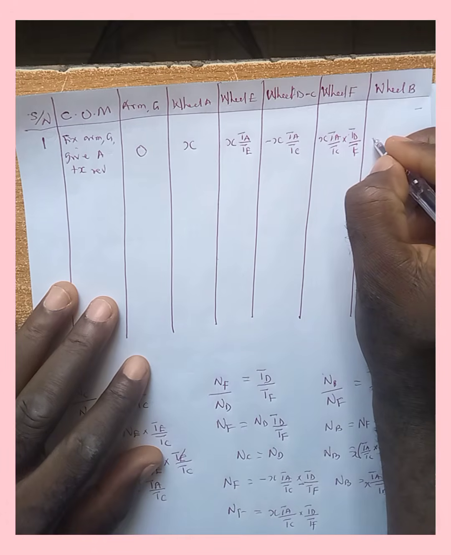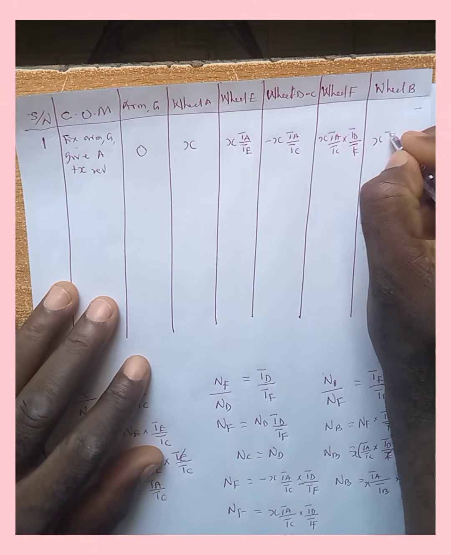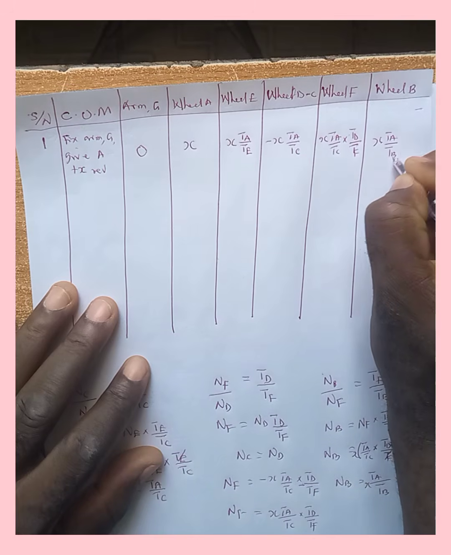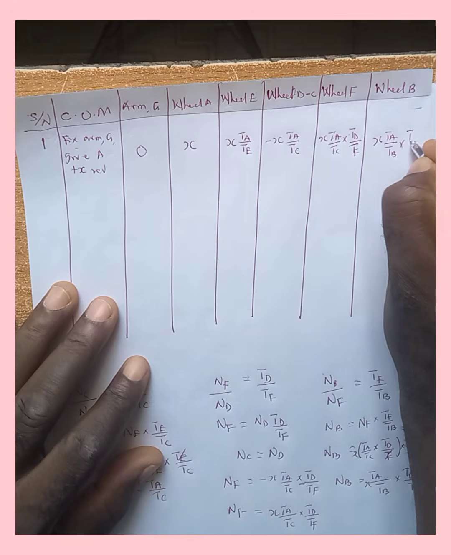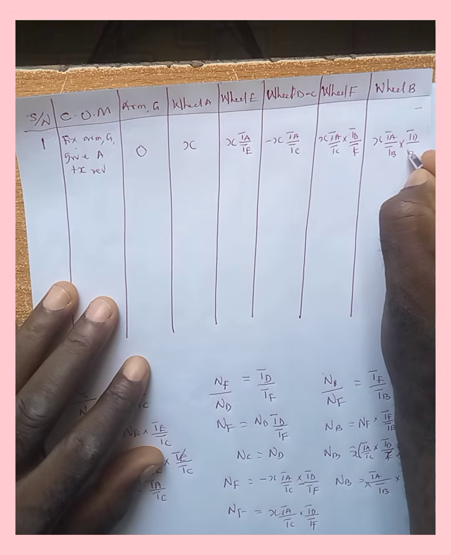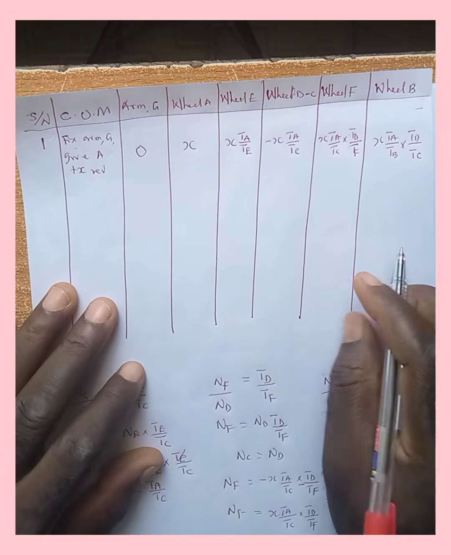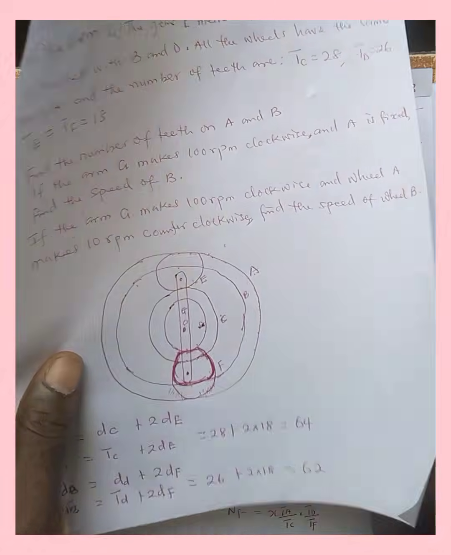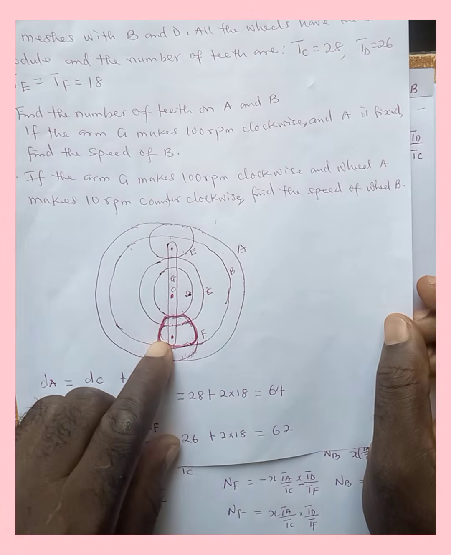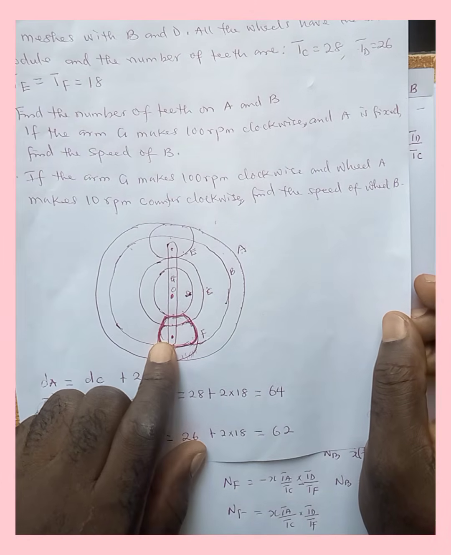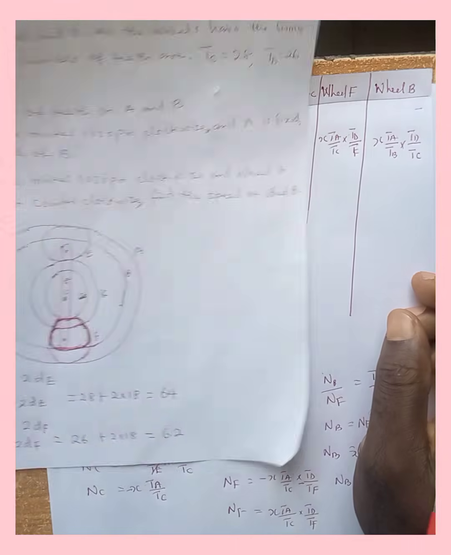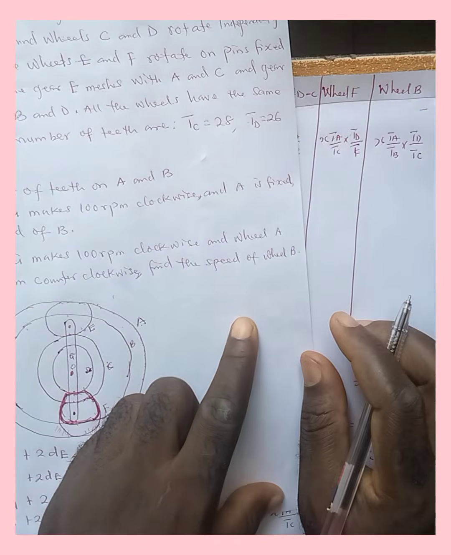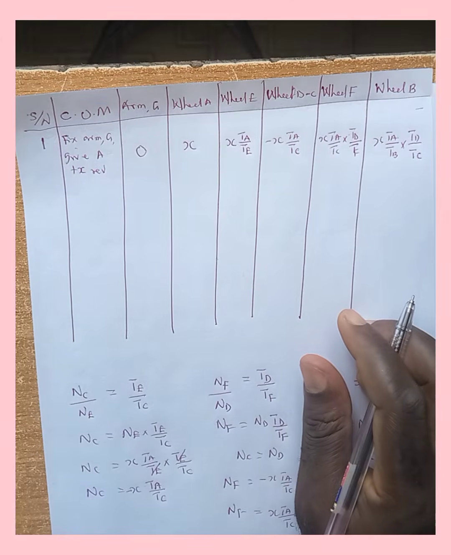Then we'll now have X TA over TB multiply TD over TC. When you look at wheel F and wheel B, they are merged internally. They will be moving in the same direction. So since this one is positive, this one will also be positive.